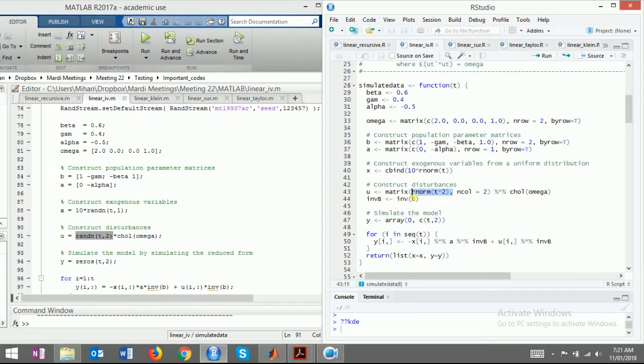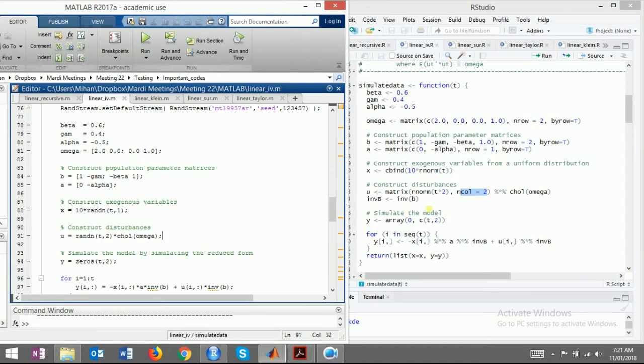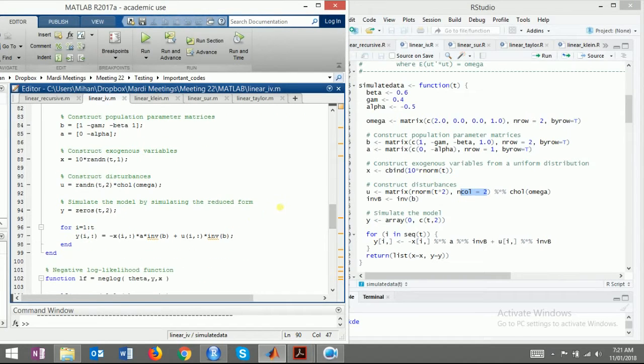Then simulate the model from the reduced form equation. So we're going to simulate values for y. Y is an array of zeros with 2 columns.